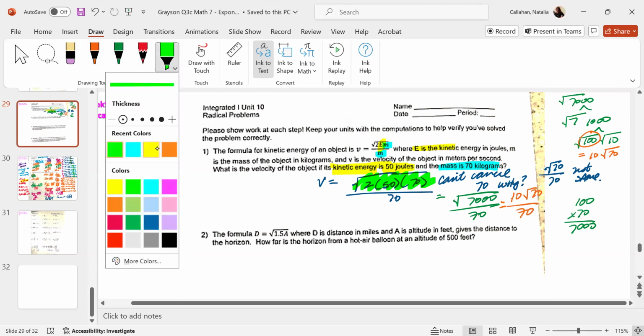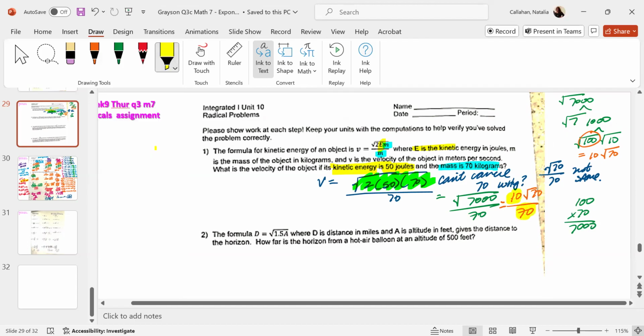Now what can you reduce? What does that become right here? That becomes a 7, and the 10 becomes 1, so then it's equal to 7. That's your answer. Does that make sense? Do you see that?